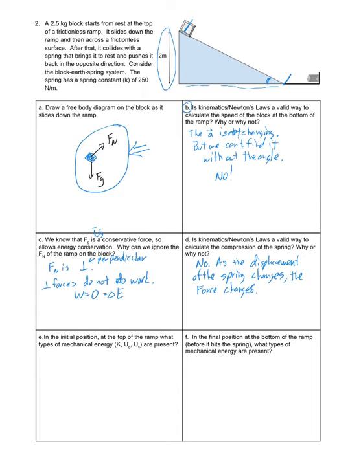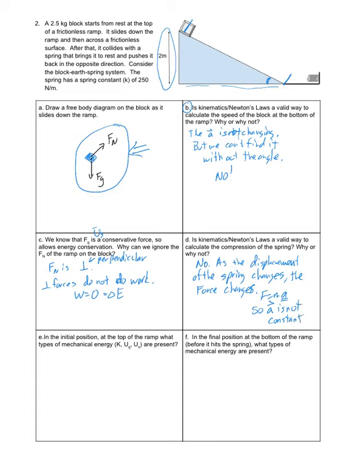If you've ever played around with a bungee cord or a spring, the farther you push it or the farther you stretch it, the harder it is to stretch it, right? It gets more and more difficult because the force gets bigger and bigger. The force is changing depending on how far you compress it or how far you stretch it. And so as the displacement of the spring changes, the force changes, and of course, F equals ma, so the acceleration is not constant.